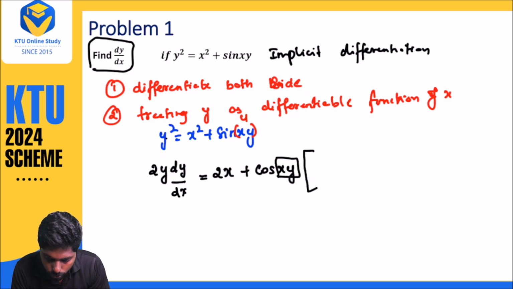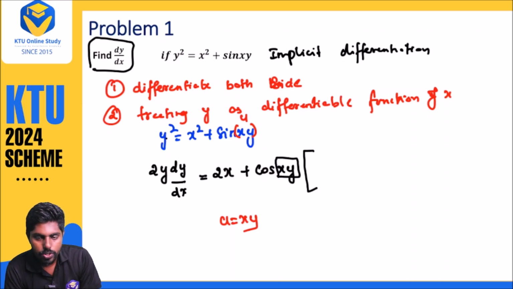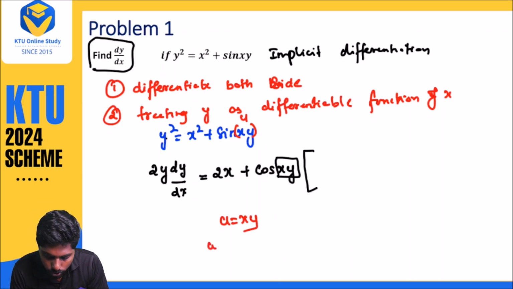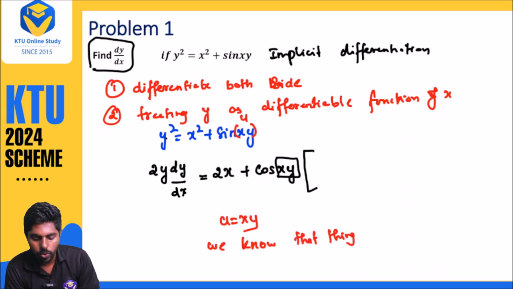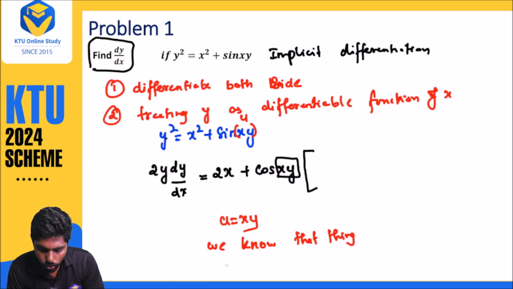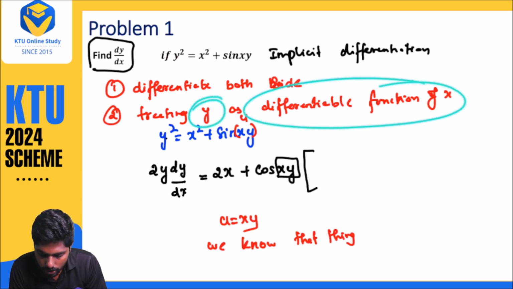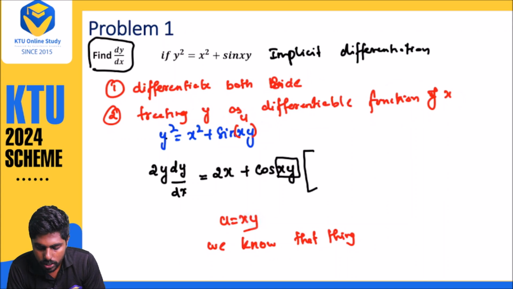What is u? u is equal to x into y. With the condition of treating y as a differentiable function of x, that means y is a differentiable function and x is also a differentiable function. So it is nothing but the uv formula.